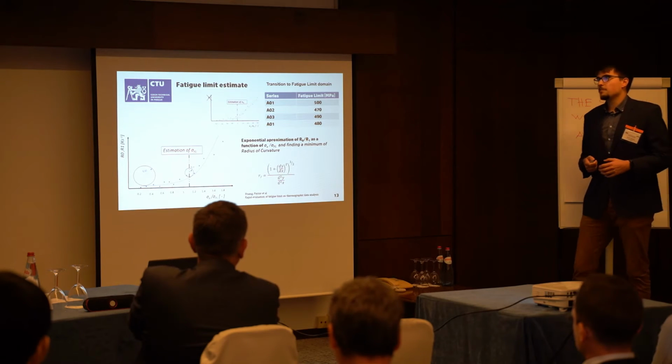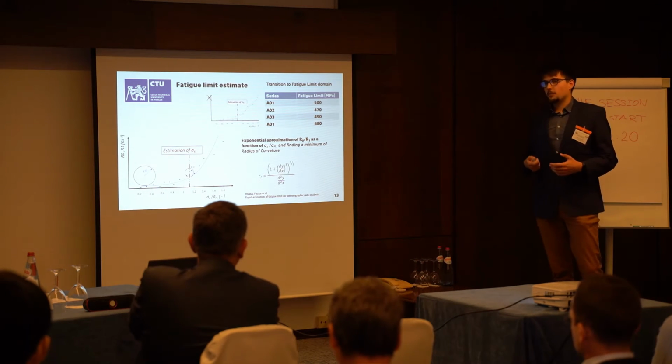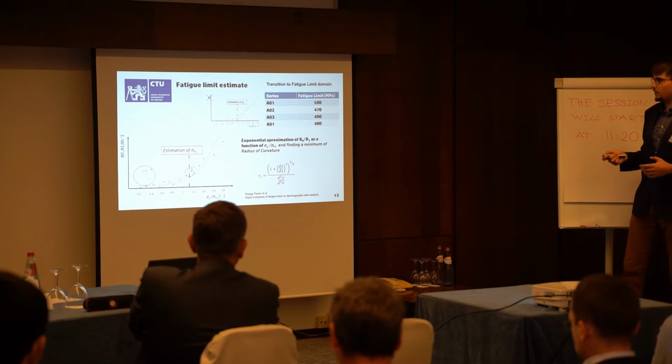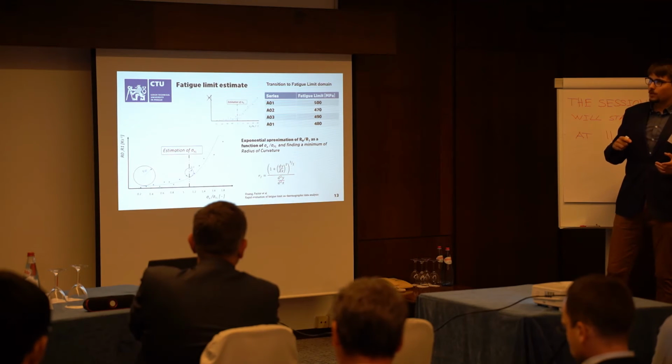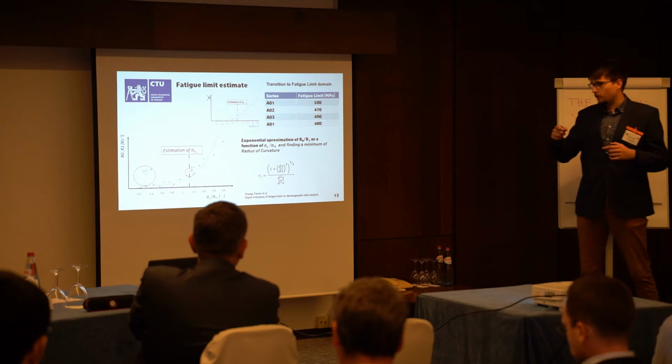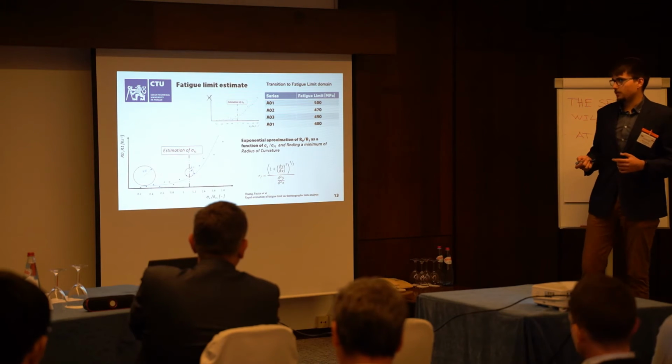It depends on the person who's using this method, and it's not really robust to use for all materials. So we were trying to find the point where there is maximal curvature, or a minimal radius of curvature.